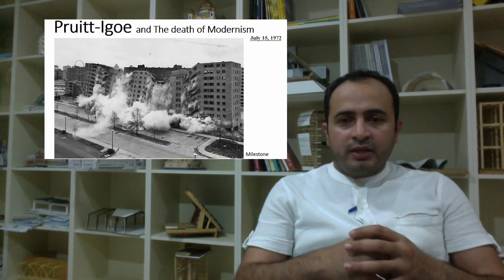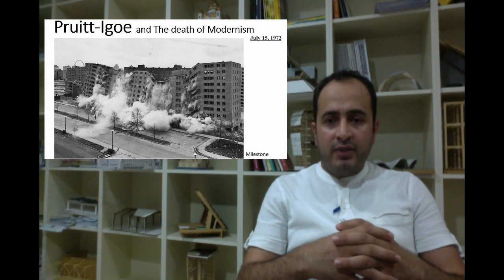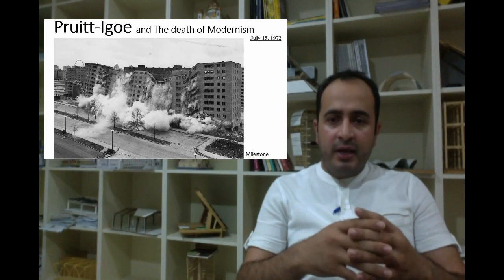Then we will talk about the Pruitt-Igoe residential buildings, which were destroyed, and which Charles Jencks in his book The Language of Post-Modern Architecture named as the death of modernism, and we can see that after that postmodernism emerged.